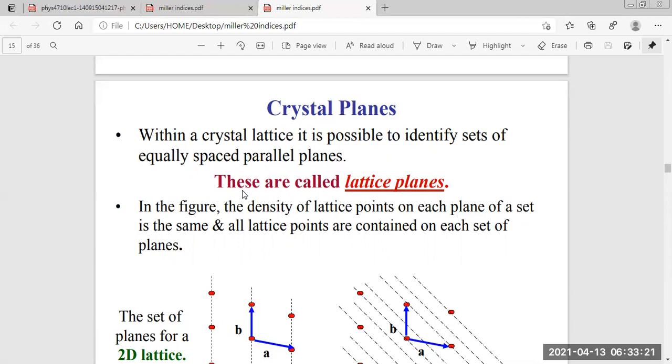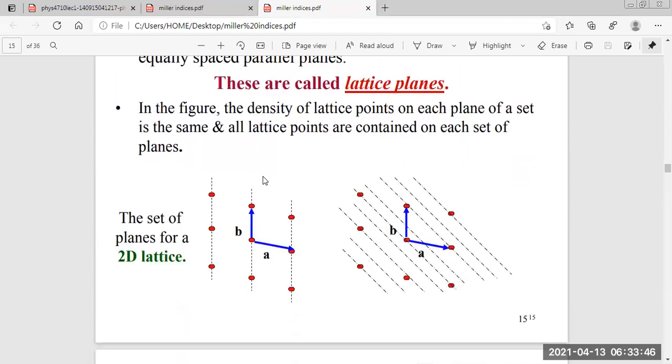I already told you that whenever the imaginary points are there, if I draw a set of line segments and join these lattice points, I will get a set of planes, right? Identifying this set of planes, these planes are equally spaced, and we say that these lines are lattice planes. To understand it more clearly, you can see this.